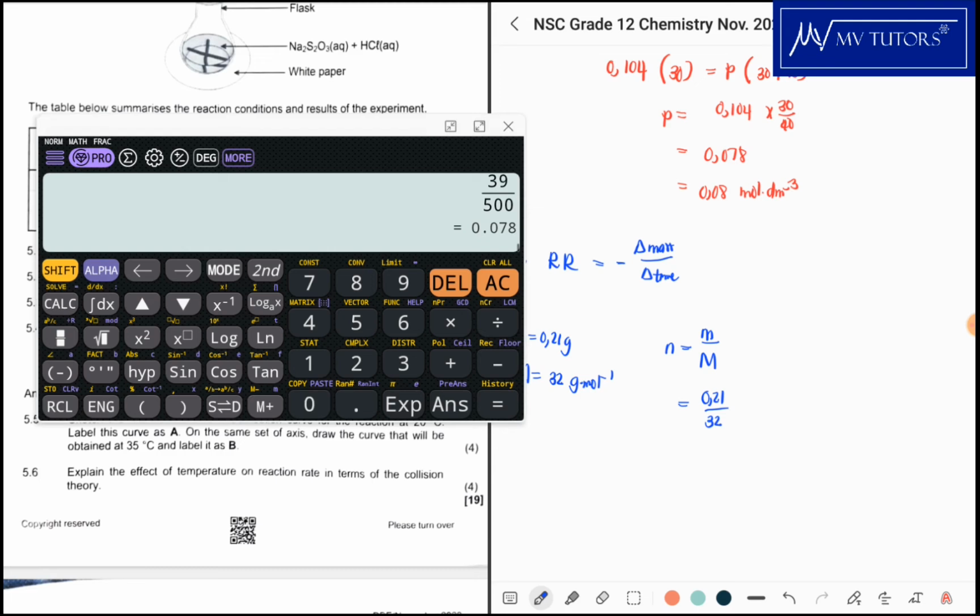So 0.21 divided by 32 gives us an answer of 0.0065625, or you could have just said 6,5625 times 10 to the power negative 3 mole.